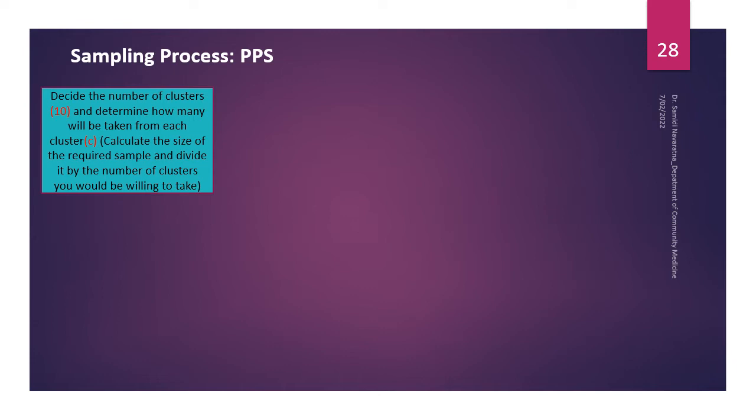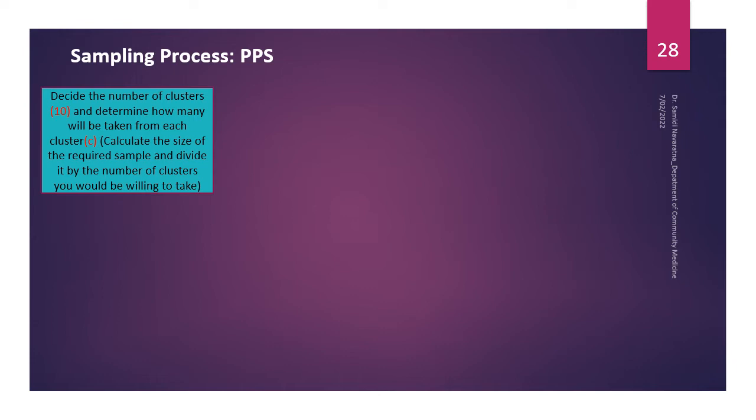To do that, you have to figure out the feasibility initially. That would be the human resources available and whatever funds you have for this study. Having done that, you need to calculate the sample size and then determine the number of study units you are going to take from each cluster.